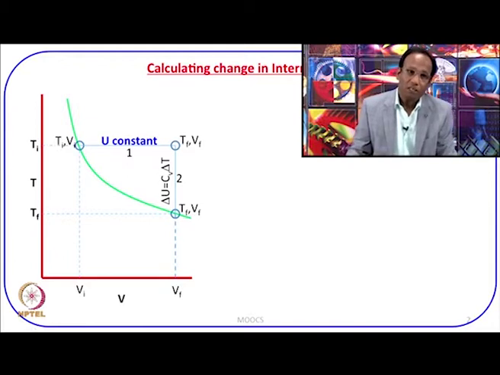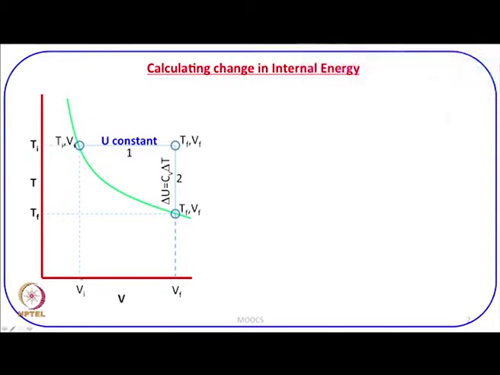And that is what is seen here in this figure. You see, when the volume is changing from V I to V F, the temperature changes from T I to T F, there is a fall in the temperature.